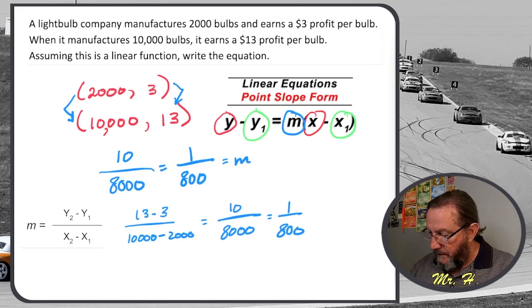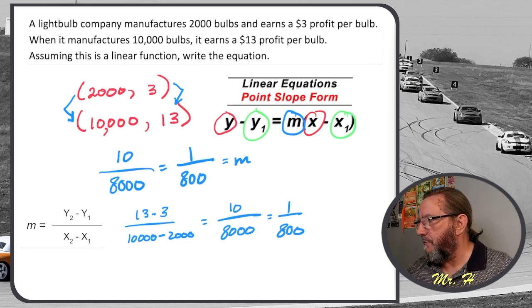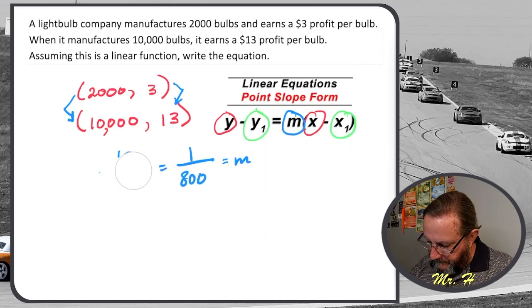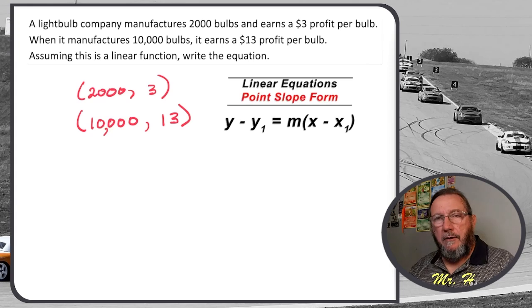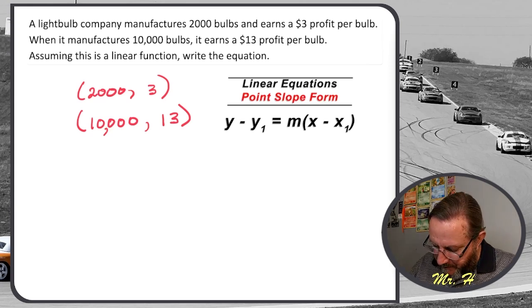Now let's get rid of some of this stuff so that we have enough room to work the rest of our problem. All right, now it's gone. Now we've got some room to work. Let's remind ourselves that our slope was 1 over 800.